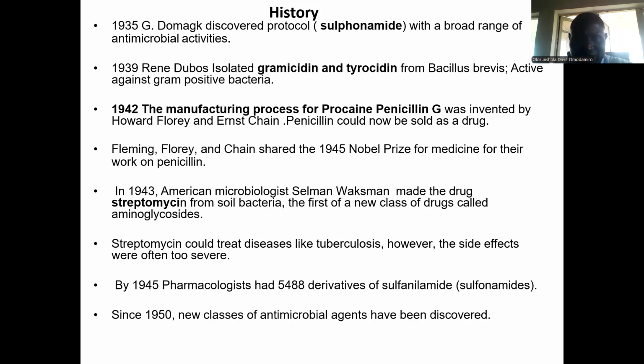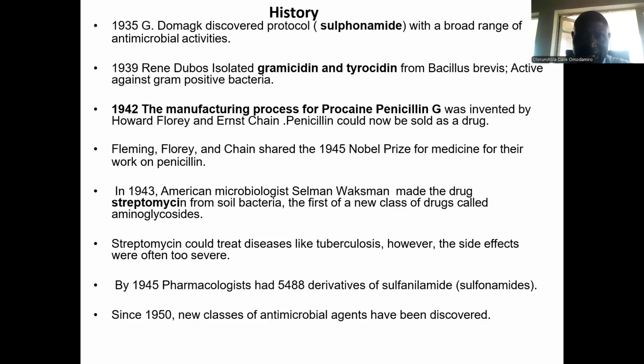René Dubos in 1938 isolated gramicidin and tyrocidine from Bacillus brevis, active against gram-positive bacteria. While in 1942, the manufacturing process for penicillin was invented by Howard Florey and Ernest Chain. Penicillin could now be sold as a drug.